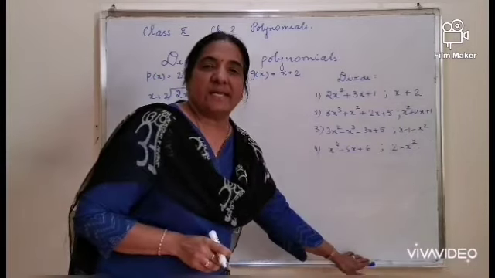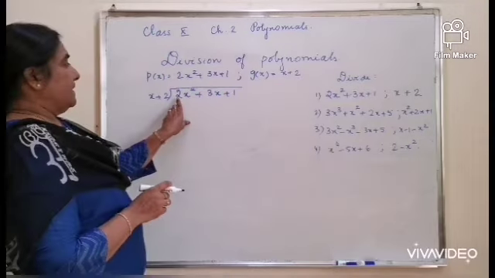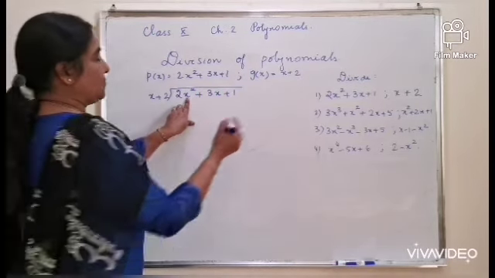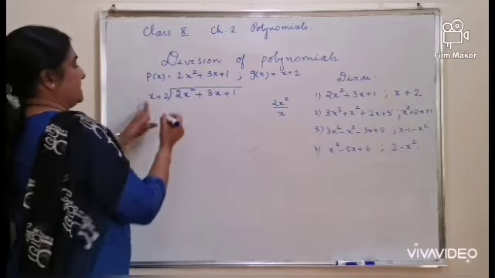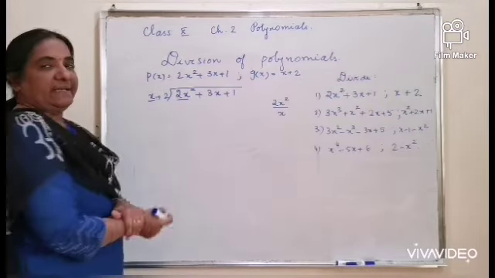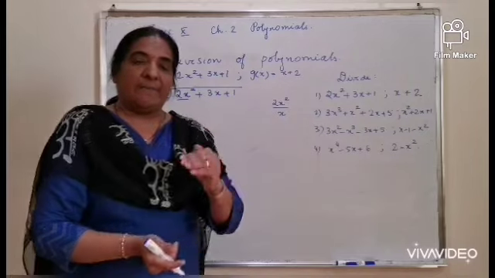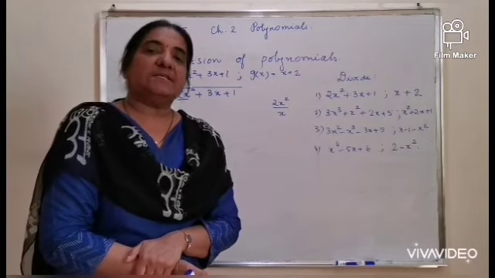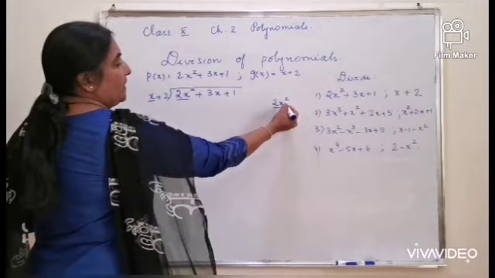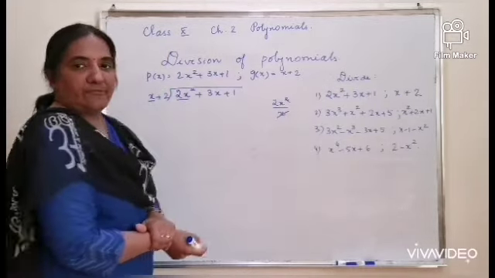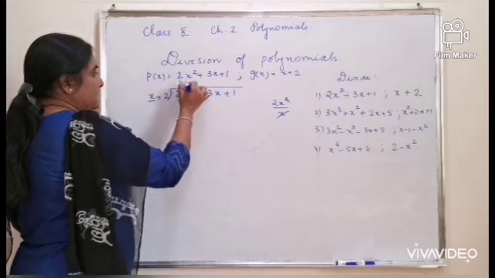The first step is 2x square divided by x. This will be the pattern in each step you follow. 2x square divided by x gives you 2x.